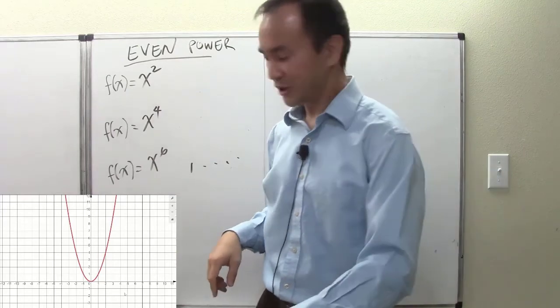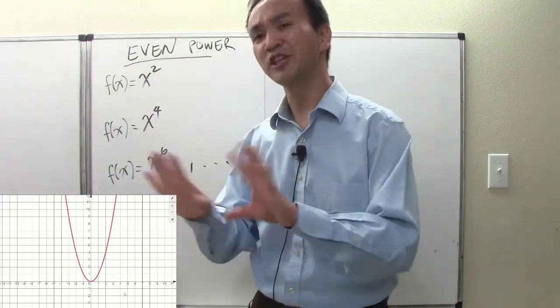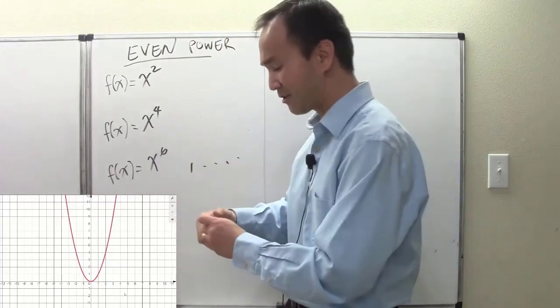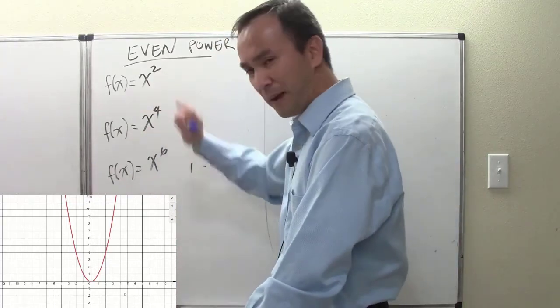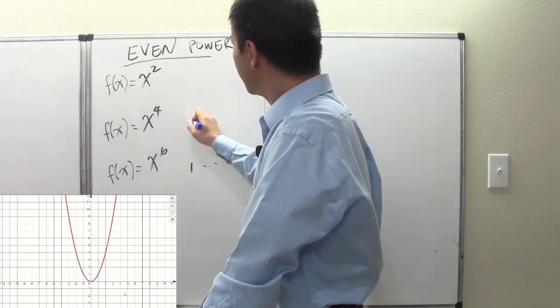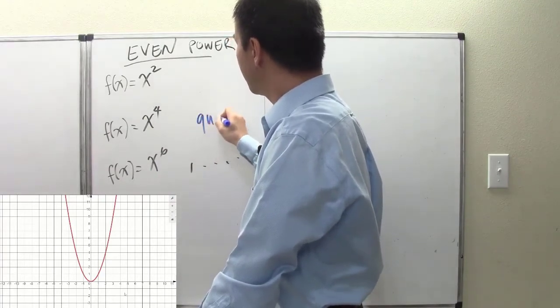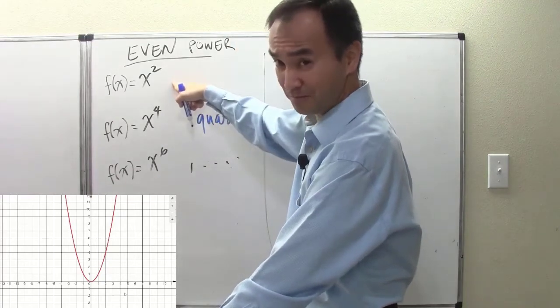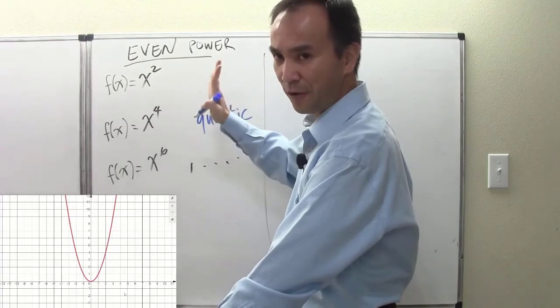Now x to the fourth. Just for you to know, this is not a requirement, but this simple fourth power is regarded as a quartic. So quadratic we already know, quartic is power 4.